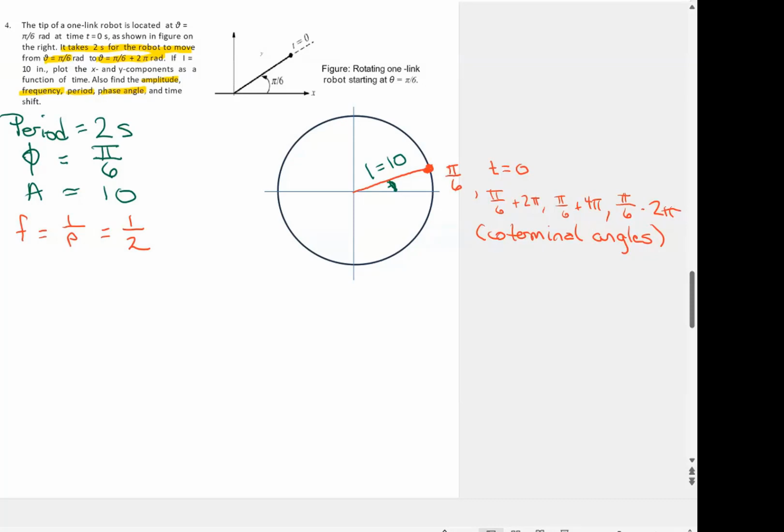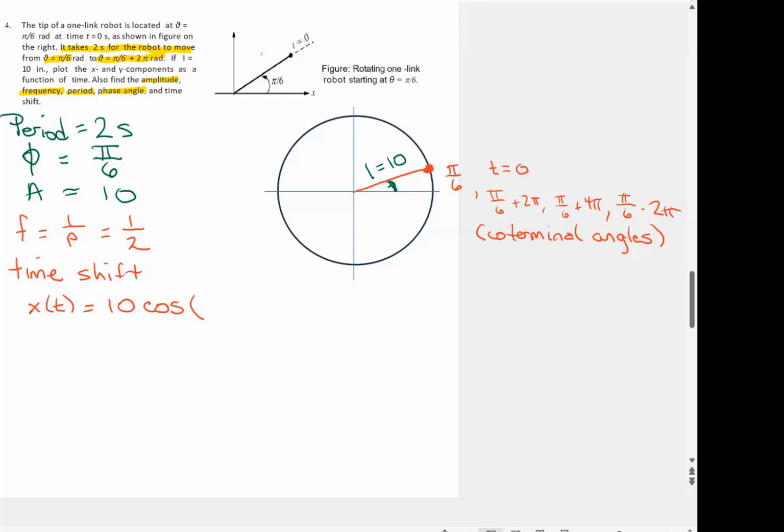What the time shift does, remember, we take our original equation, which would be, let's write our equations. We have x of t is going to equal A, which is 10, cosine of omega. We did not find omega.